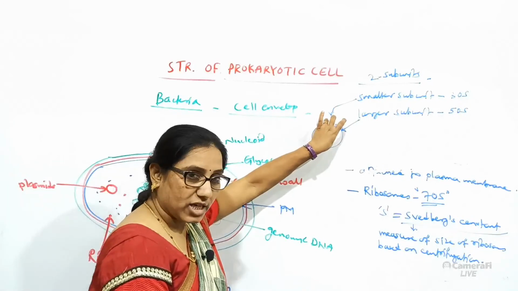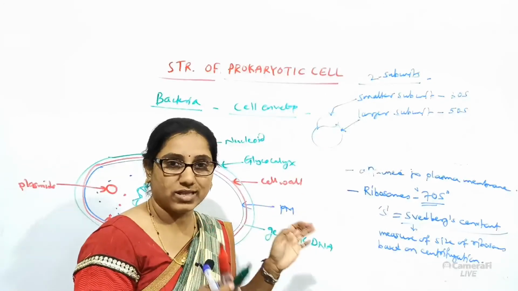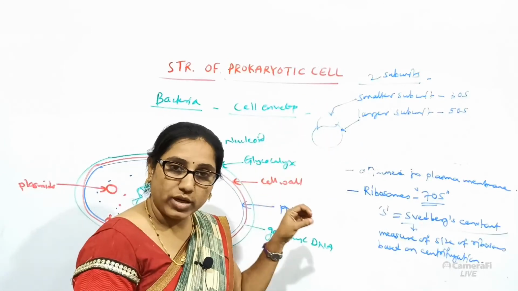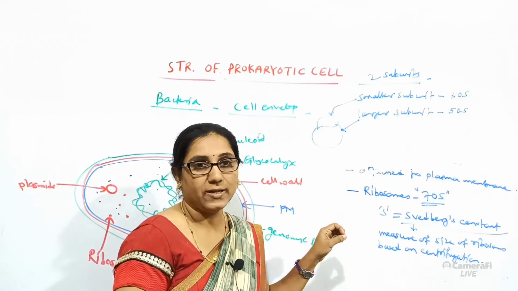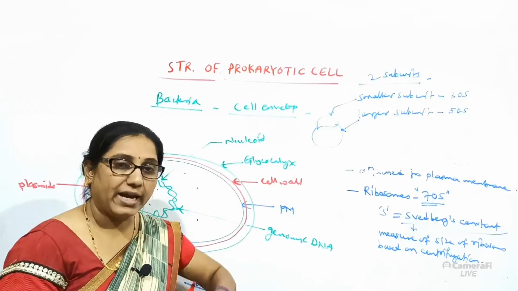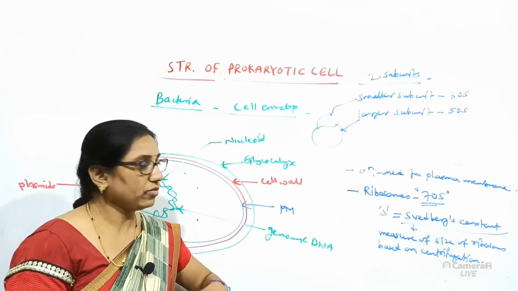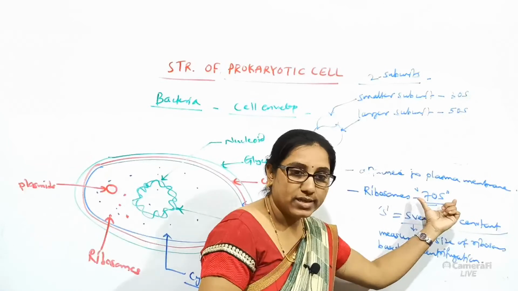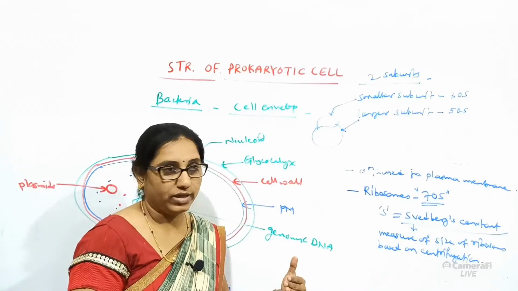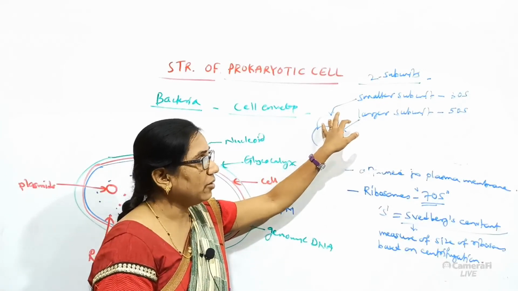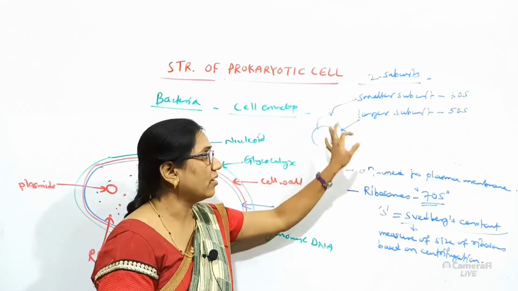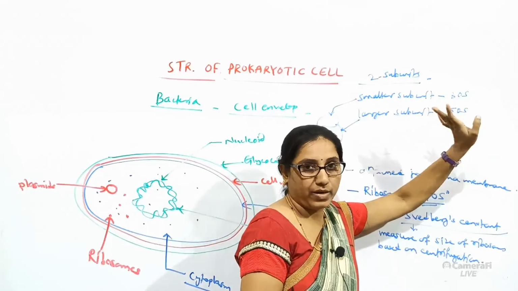When the ribosomal subunits are attached during protein synthesis, the entire size of the ribosome measured is about 70S, and when the separated subunits are measured independently, they are found to be 30S and 50S.